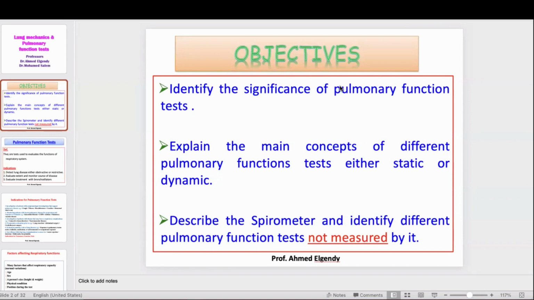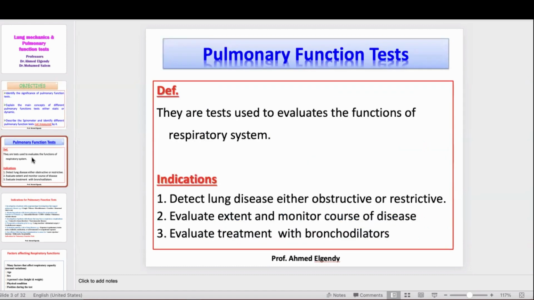What is the significance of doing this? And also the main concept of different pulmonary function tests, because it could be either static or dynamic. And describe the spirometer and identify different pulmonary function tests not measured by it. So we cannot measure everything by the spirometry. So we will talk about those things.